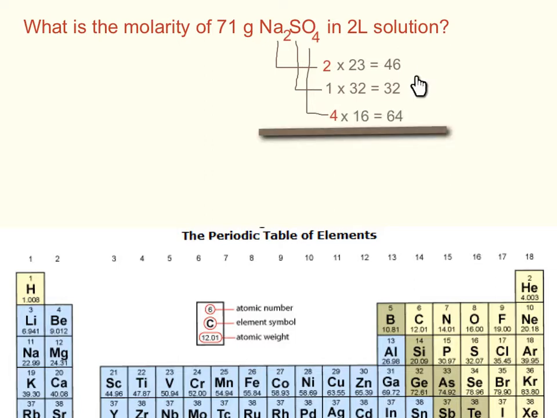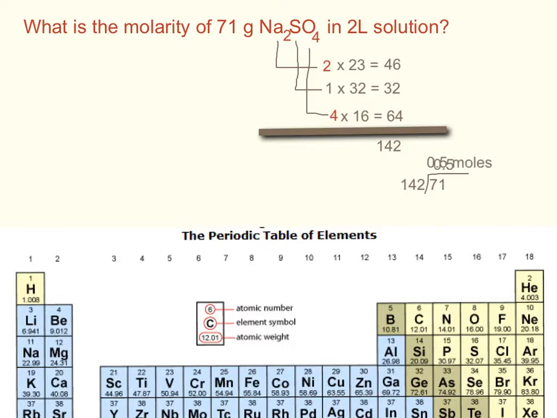Once I've figured out the weight of each atom, I add them together to get my molecular weight. This tells me that 142 grams is 1 mole, and I have 71 grams. So do the division. Divide 71 by 142.